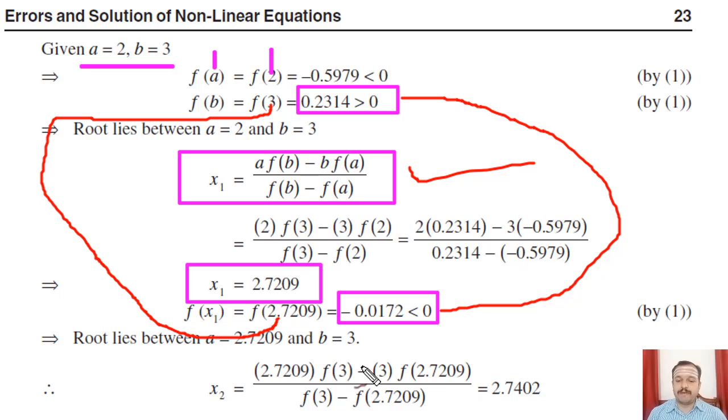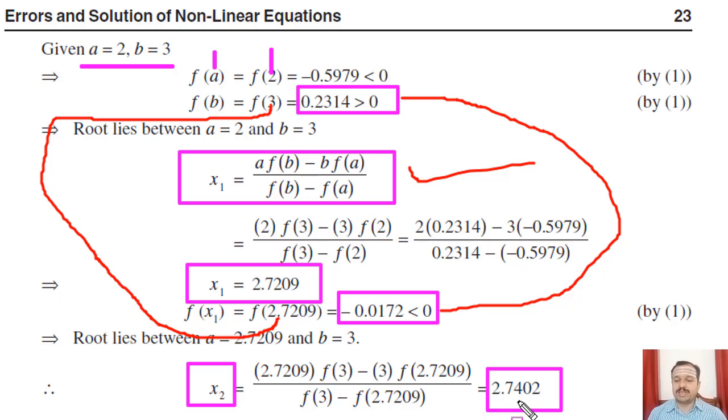If we simplify the right hand side, we come to know that the value of x2 is equal to 2.72402. We can observe in the first step we got x1 whose value was 2.72. Now in the second step, we got x2, the second approximation for the desired root, whose value is 2.74.